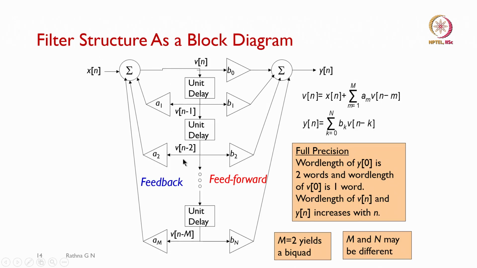So, V of n minus 1 to V of n minus M is going to be summed up, which is going to give our V of n, which is getting multiplied, and we will see b_k into V of n minus k, and then summed up here with all feed forward zeros, and y of n will be the output. So, as you notice, from a single summation we have come down to a double summation.